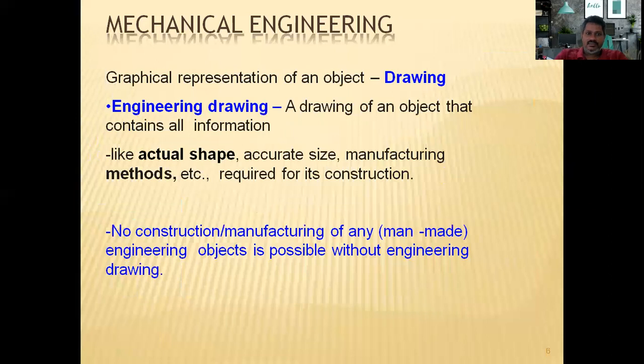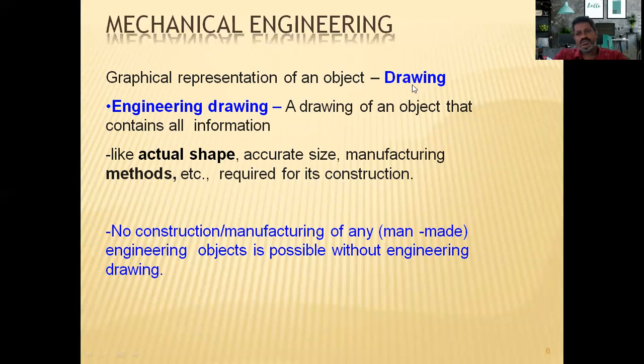So then, as I said, a graphical representation of an object, or it can also be a graphical representation of data, can be called a drawing. But in this case, we are trying to define that a graphical representation of an object is called a drawing.